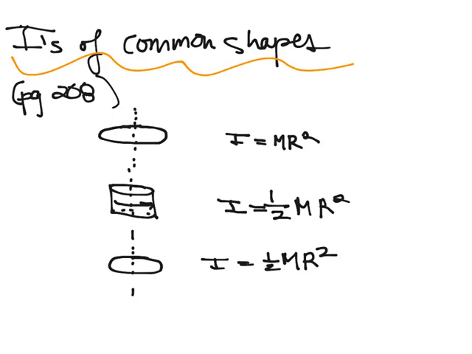For a solid sphere, I is going to be 2/5 mr squared.